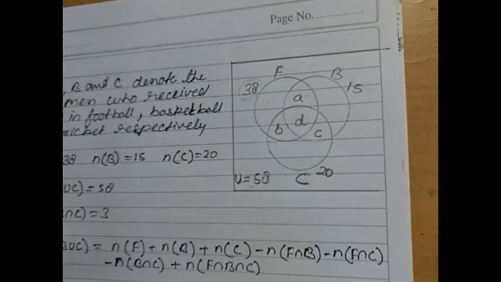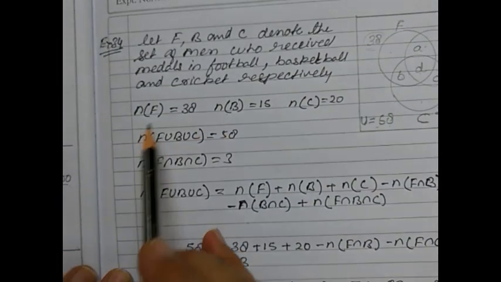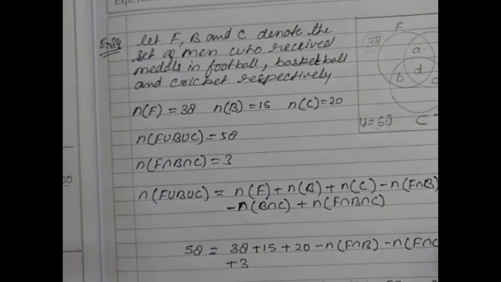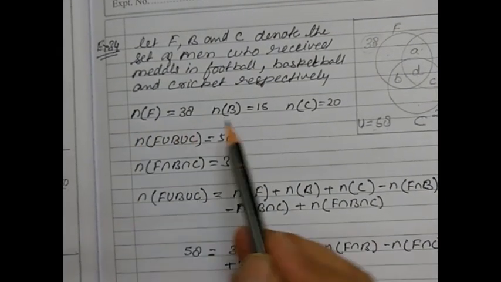Now the same thing, in this question it is given, so here we assume F, B and C as the sets, and here we have written the cardinal number, the number of people who got the medals.